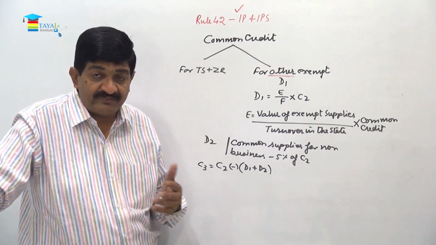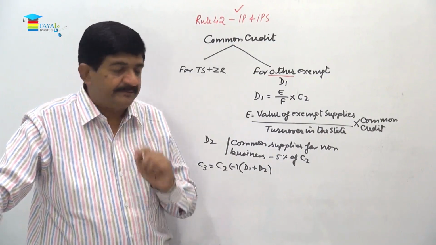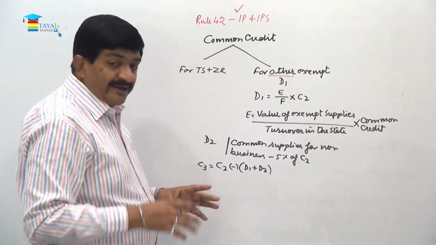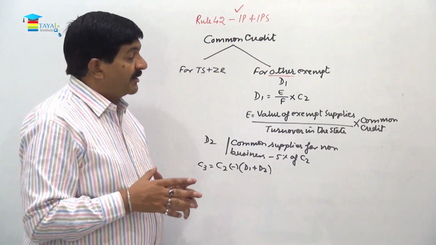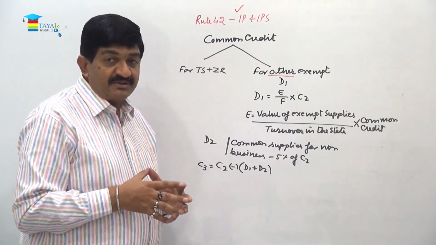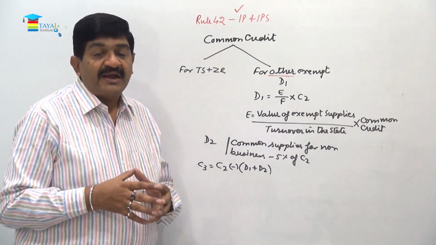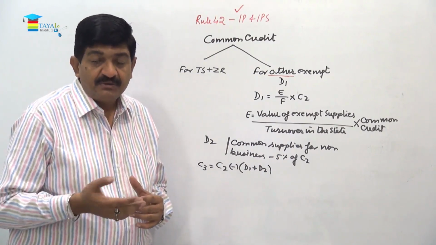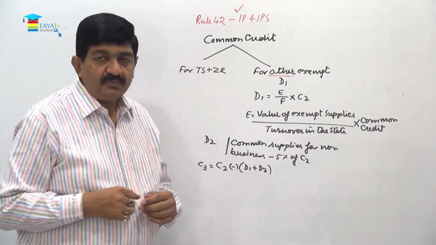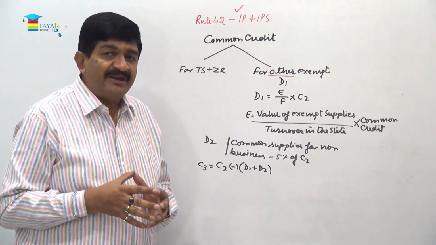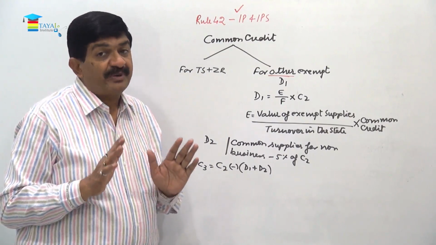Balance amount has to be reversed by adding in the monthly liability. So why it is added in the monthly output liability? Because first of all, credit has been given, and now the amount which is other than C3 and T4, that has to be reversed by adding in the monthly liability. So when it is added in the monthly liability, no interest is payable.